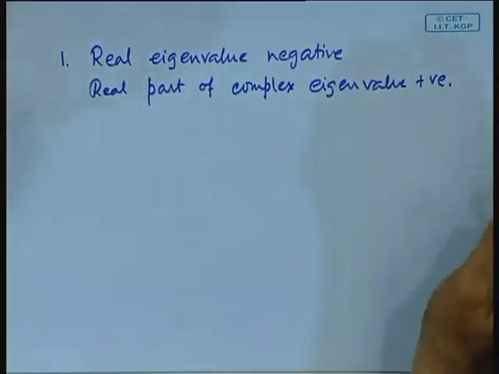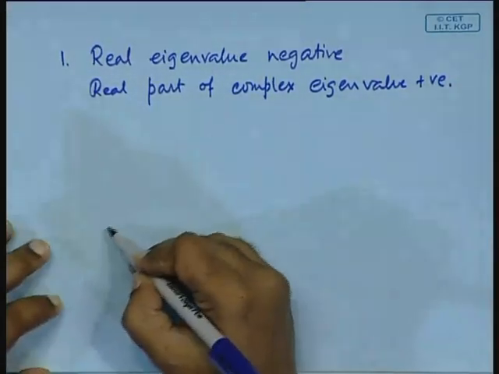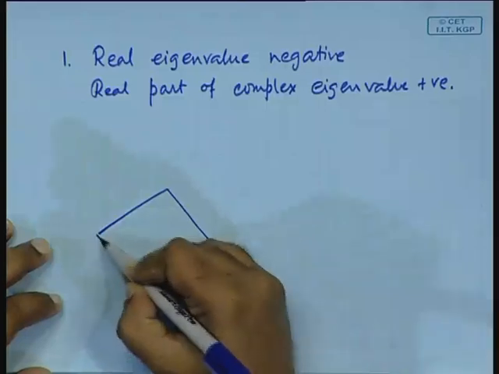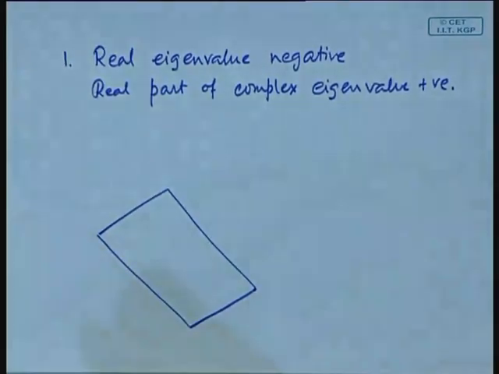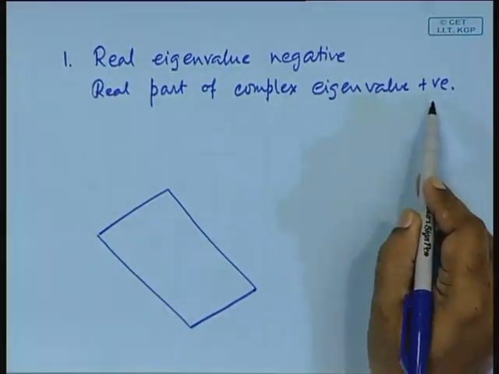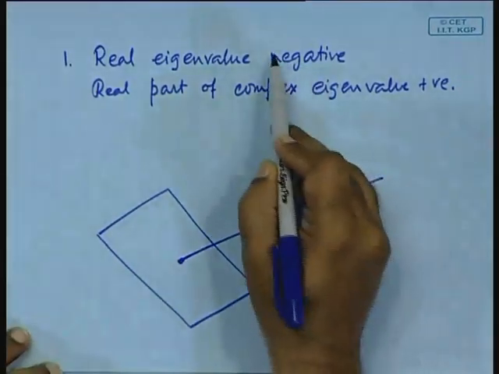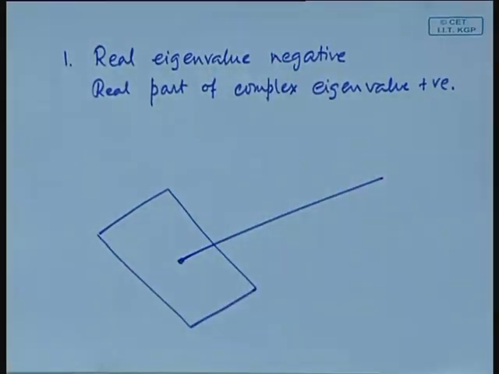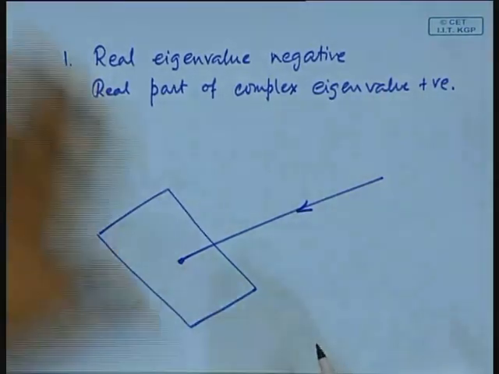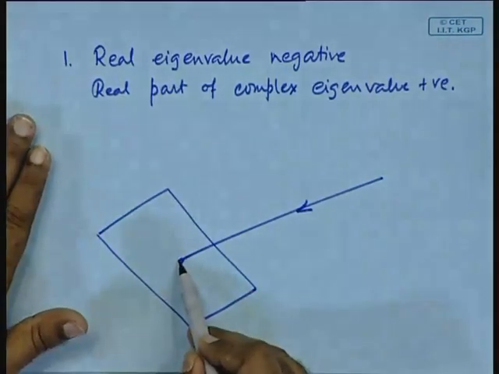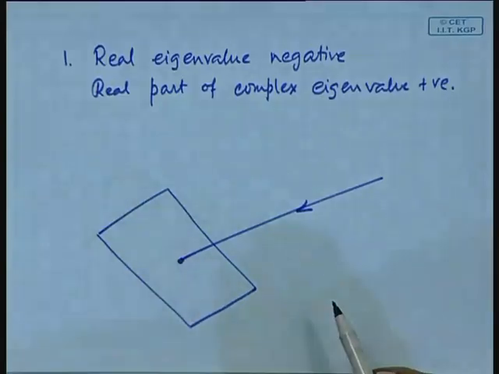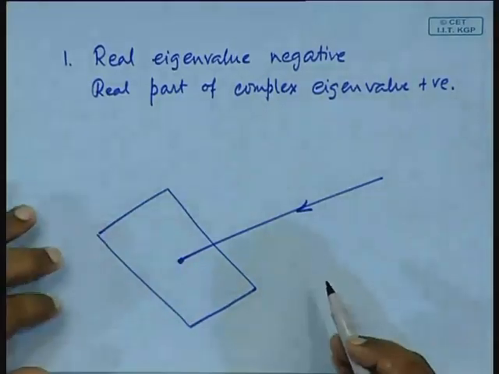Then what happens? Again there will be a plane associated with that complex eigenvalue, and there will be an eigen direction associated with the negative eigenvalue. This is negative, so it is contracting, and this is 0 0 0, the origin, or in this case the equilibrium point.